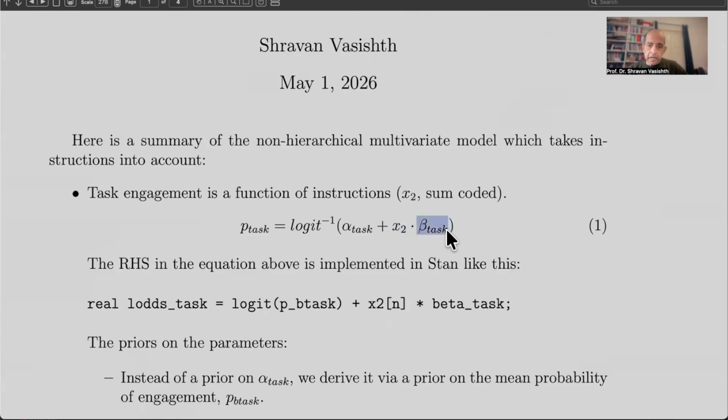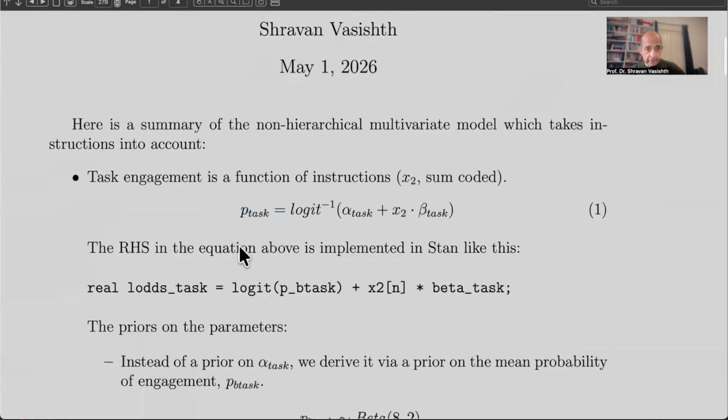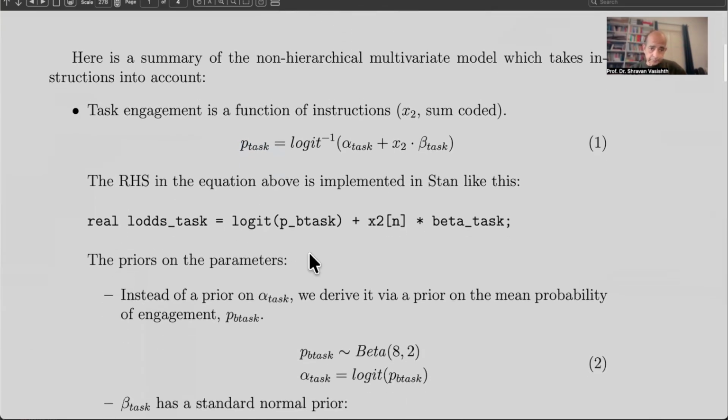So this slope parameter here, which is also in log odds space, will determine what the log odds would be of the probability of task engagement. Okay. Now, because we are fitting the model in log odds space, recall the logistic regression stuff, we will back transform that to probability space to get the probability of task engagement for every row in the data frame.